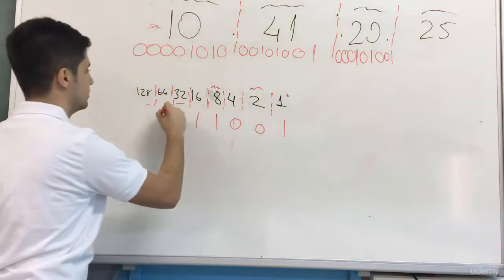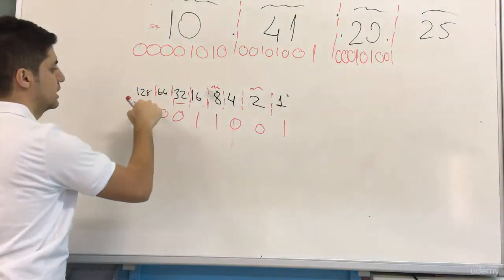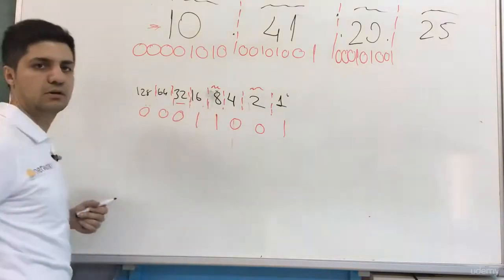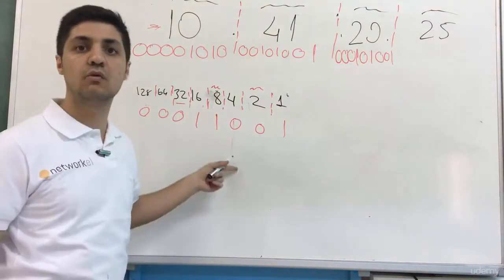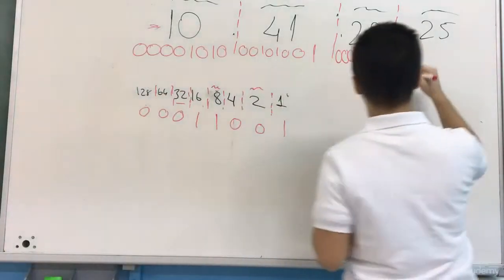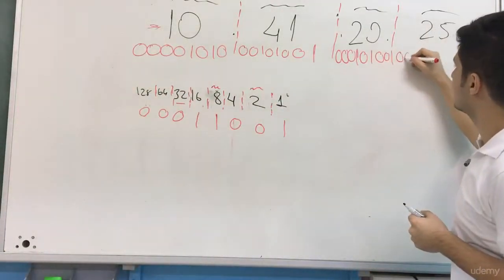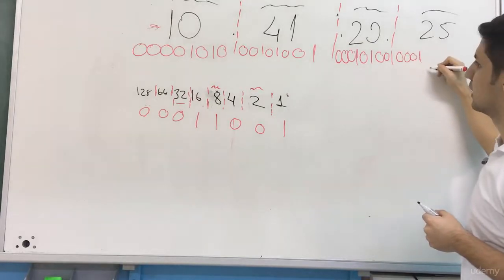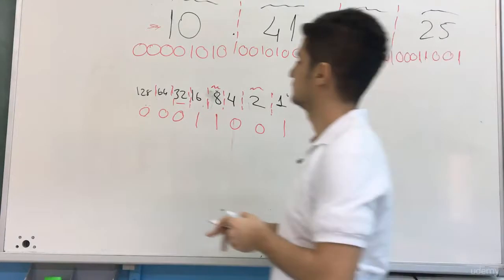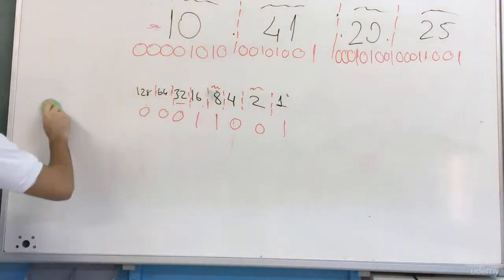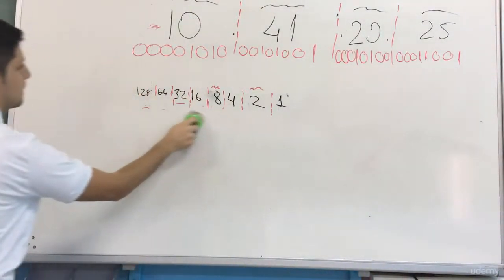The rest are going to be 0. You can add these together and check if I'm doing right or wrong. I'm saying that that's going to be 0, 0, 0, 1 and 1, 0, 0, 1. All right, let's clean it.